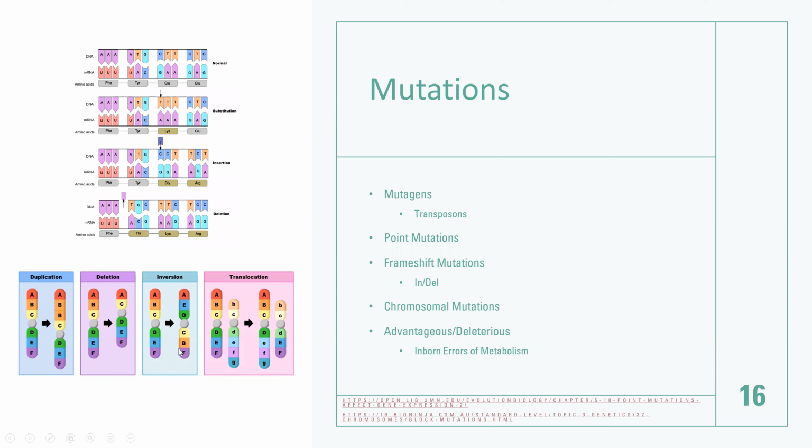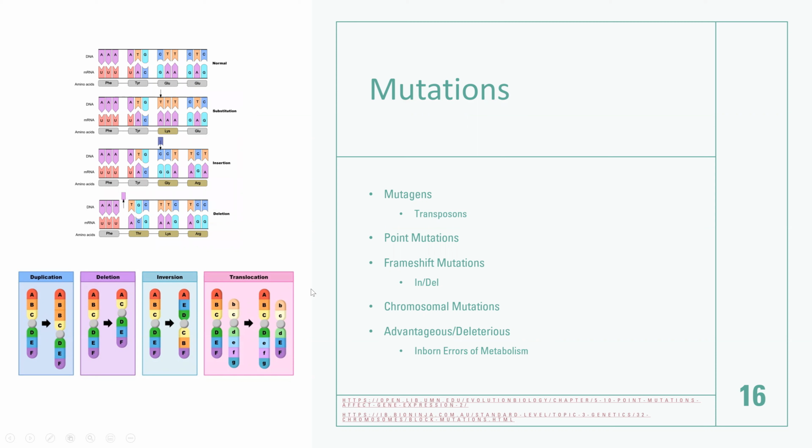The two really differ based on whether the inversion depends on the centromere. Is it rotated around the centromere, or is it rotated without including the centromere? Para means without the centromere, and peri means it's rotated around the centromere.